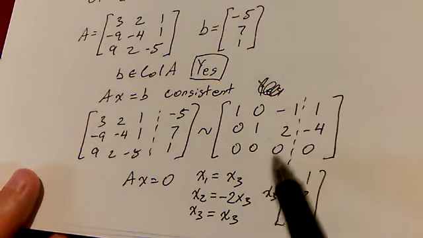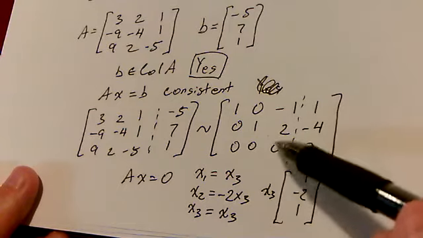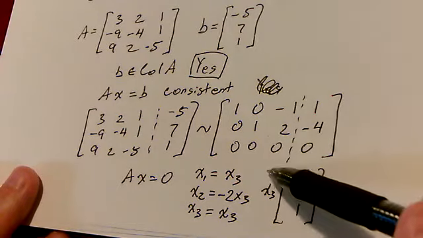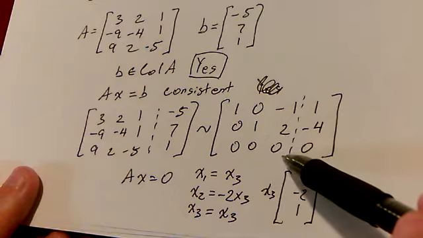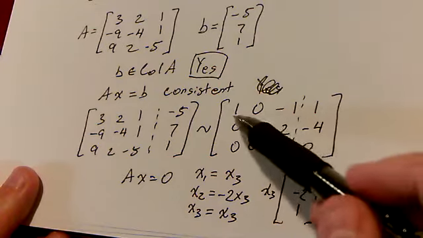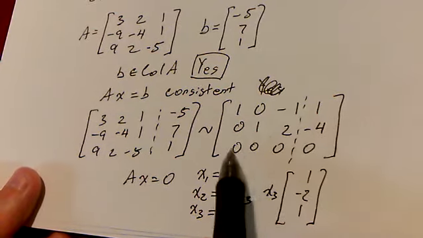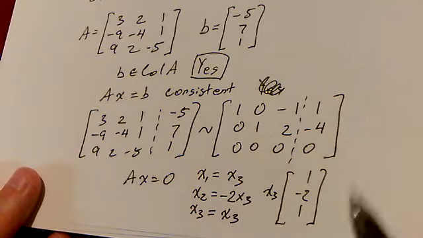That means this third column here is not independent. Remember, all these definitions go together. For example, I know I'm not invertible because I have a free variable, X3. I know that the columns here do not span all of R3. The columns here only span a two-dimensional subspace, those first two columns.